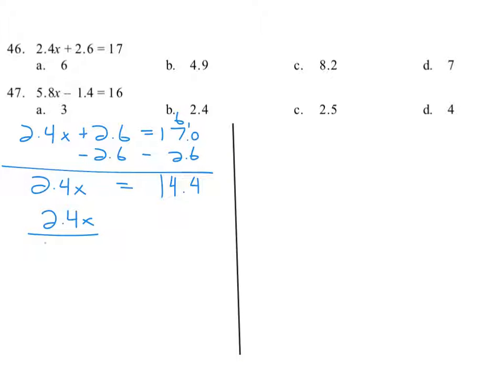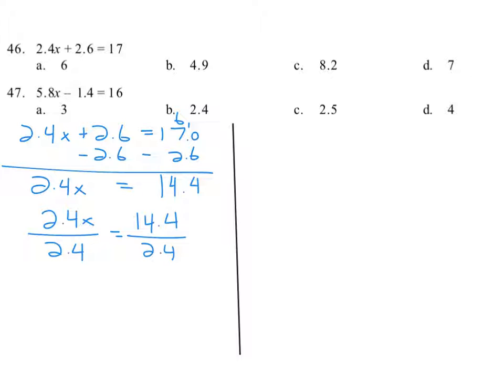2.4x divided by the coefficient of x, which is 2.4, equals 14.4 over 2.4. Now, I'm going to do this on the right-hand side, a little math on the side, and we'll erase it. But, fun fact, if you were doing 14.4 divided by 2.4, there's a rule that says we can multiply or divide everything by the same number and it will work out the same.